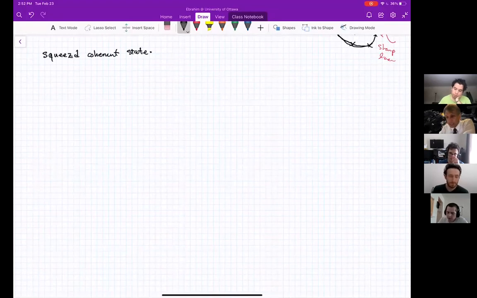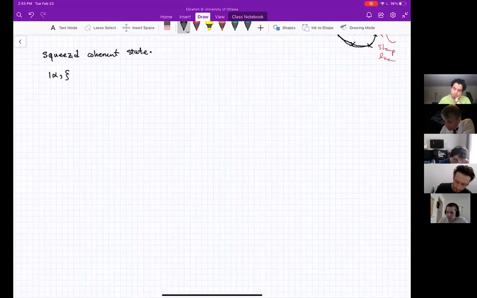And squeeze coherent state was built up based on acting a new operator on vacuum. And what was this new operator? Essentially, people have different definitions. I mean, you can go with the definition of Scully, or you can go with the definition of other books, but essentially it is taking the squeeze operator acting on a coherent state of alpha.